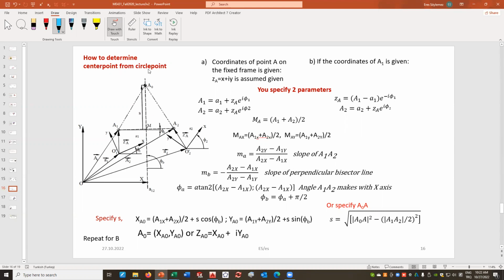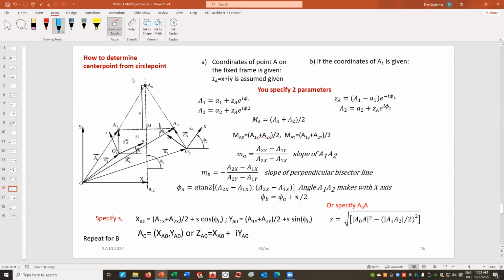Number two, I can select P12. From P12, I can measure a distance S. That's also possible. But much more meaningful than these two is that I can select the distance A1, A0, the link length, the crank length.